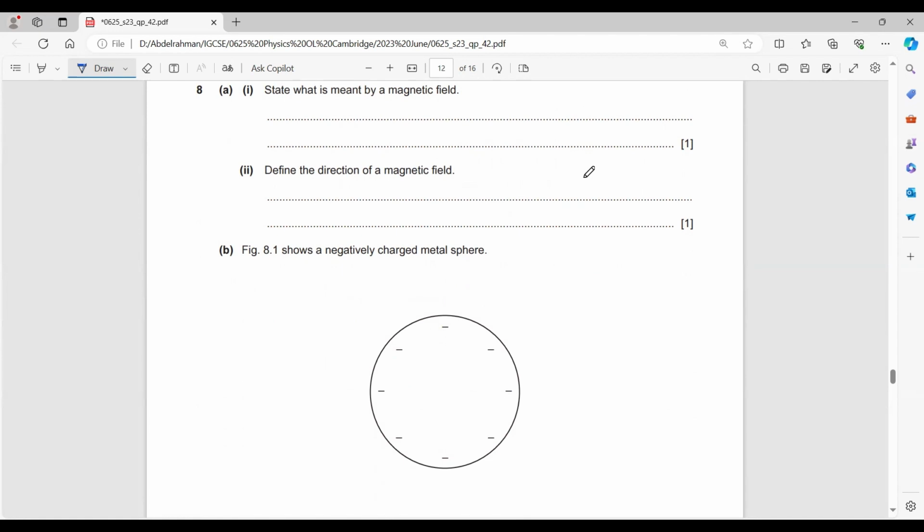What is meant by a magnetic field? A region around a magnetic pole, or a region around a magnet, in which other poles experience a magnetic force.